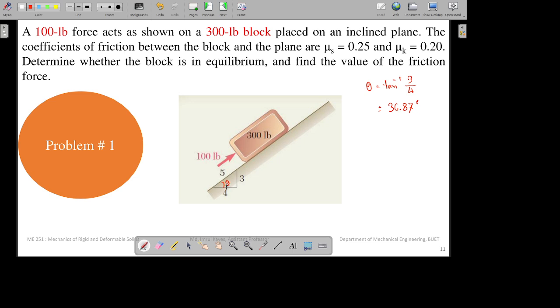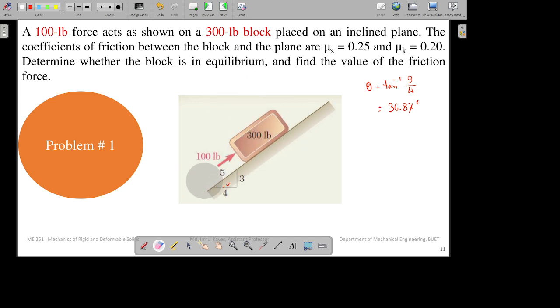Now we know the value of theta, the angle of inclination. You can determine the normal reaction force, as well as the component of gravitational force in this direction. So we will be doing this now.